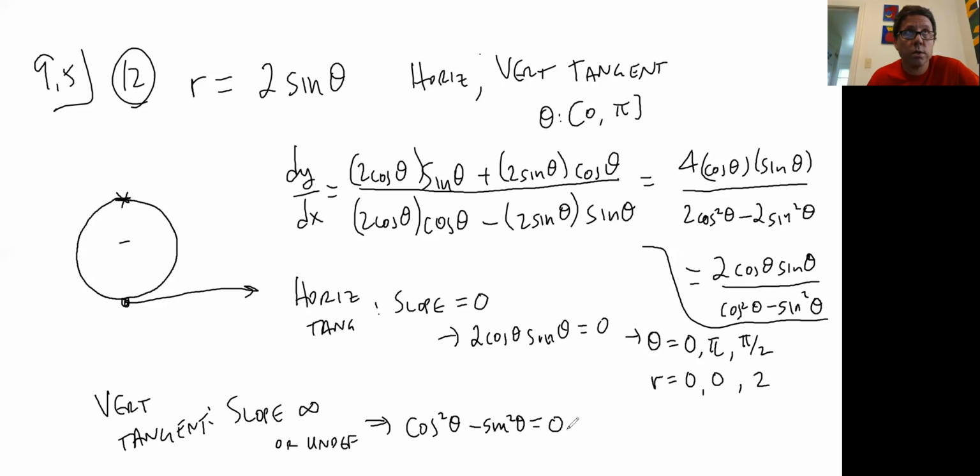So what could you do there? Maybe an easy one is you could bring the sine over, divide by cosine, and you'll get 1 equals tangent.